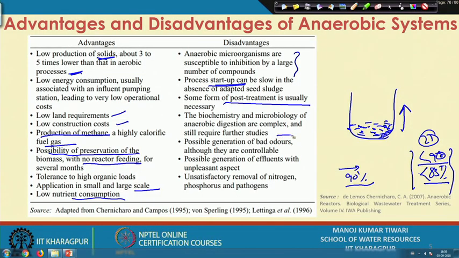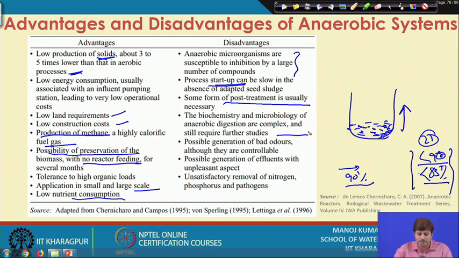They are susceptible to so many things, metals, oxygen and so on, and further investigation is needed on how we can reduce the risk of failure of anaerobic systems. There is also the possibility of bad odor. Foul smell can be generated at anaerobic sites, although it is controllable, so it is possible to deal with that.